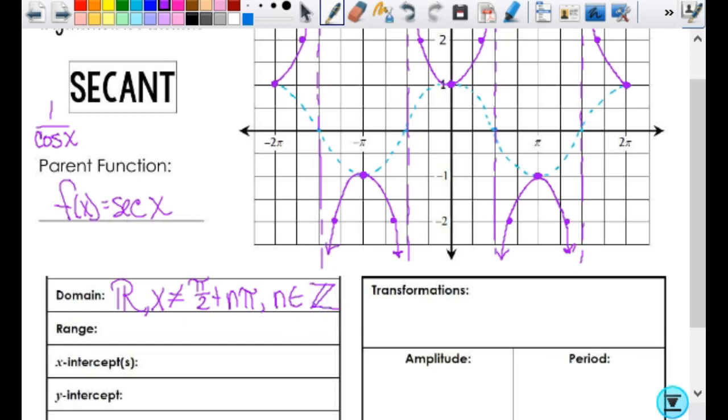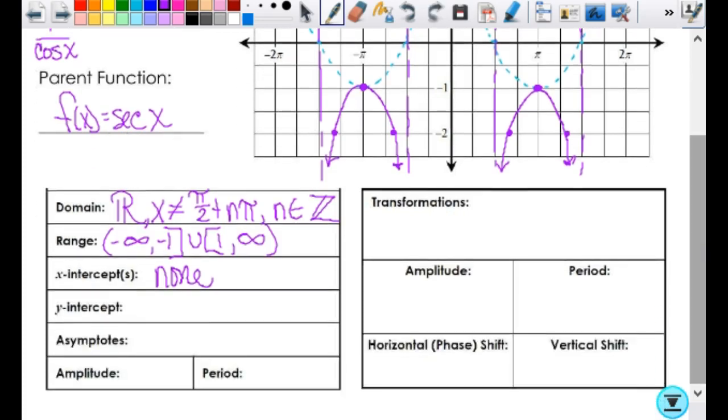The range, once again, I'm going from negative infinity to negative 1, and then start back over at 1 and go to infinity. X-intercepts, whether I call them x-intercepts or zeros, it doesn't matter, there aren't any. Y-intercepts, I do have one here, and that is at 0, 1.